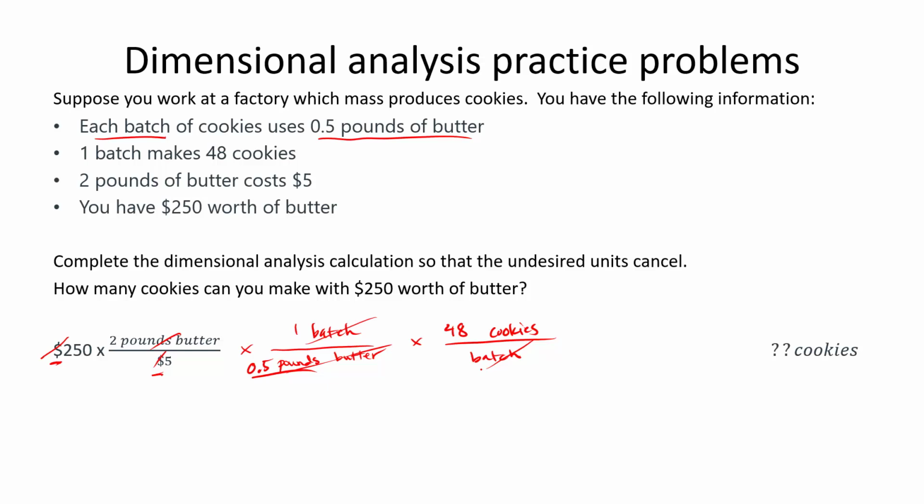So notice now the dimensional analysis is set up correctly. Our final answer would be equal to $250 times 2 pounds times 1 times 48 on the numerator, divided by $5 times 0.5 pounds butter on the bottom. And if we multiplied that through and then divided, we would determine the number of cookies we need.